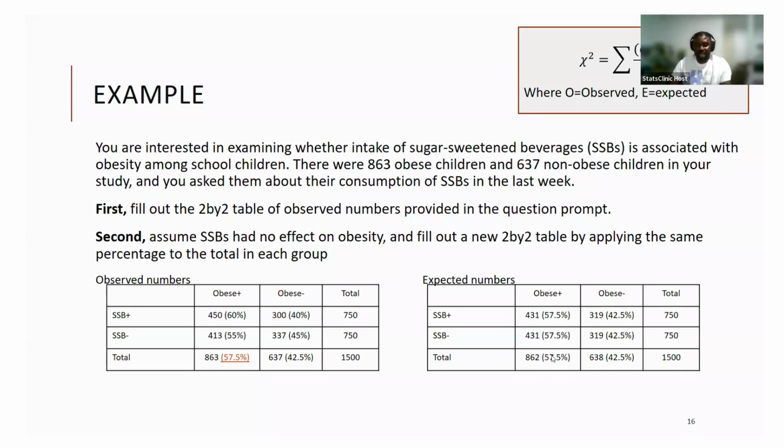And the way that you do that is you take one of the percentages, it could be this 57.5, and then you apply it here and assume that everybody who had SSBs would have had the same proportion of them that would have become obese, that would have had the outcome. And then you subtract like this, okay? I don't see any new hands up, so I'm going to assume that it is clear at this point.